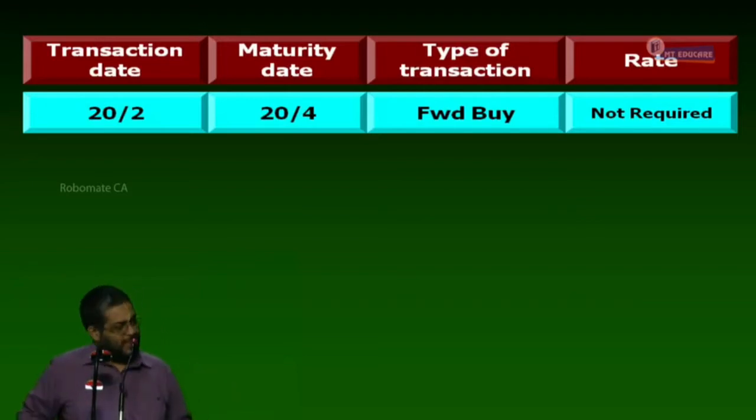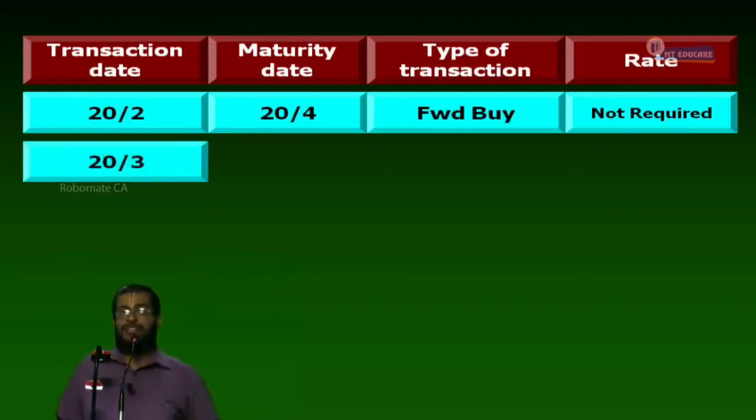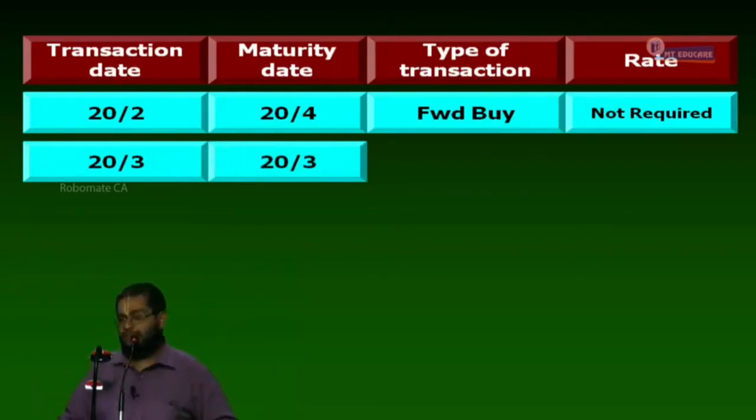Now, I went to the bank once again on which date? On 20th March. Now tell me, I want the dollar tomorrow or today itself. On 20th March, I want what? Dollar. That means on the day when I go to the bank, I should buy the dollar on which date? 20th March. I go for what? A spot buy. The transaction date also same.